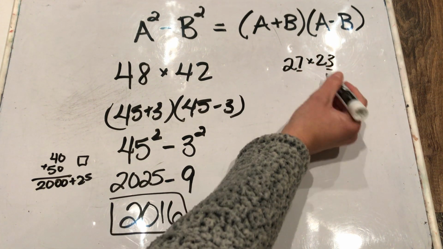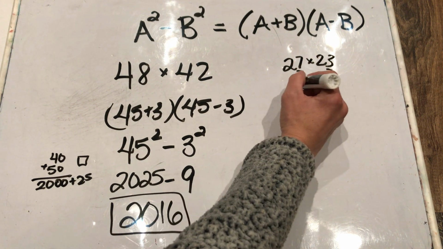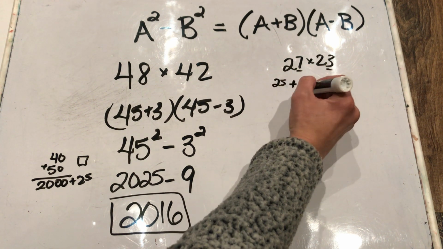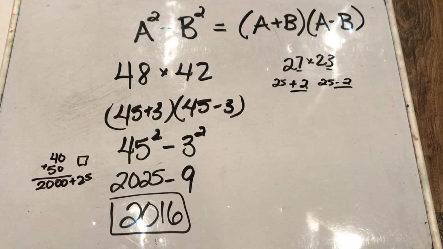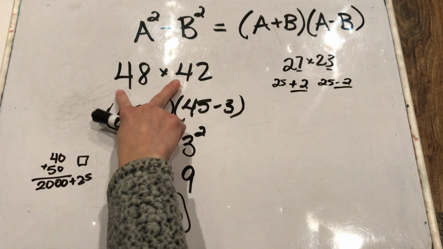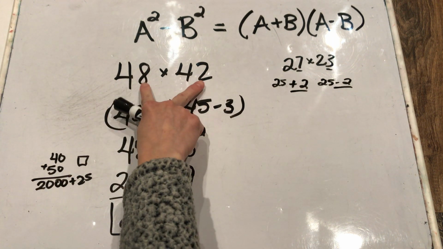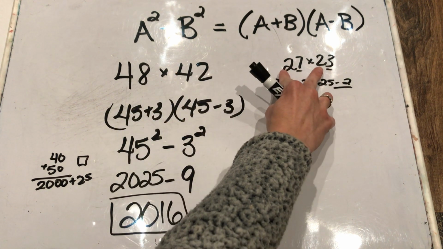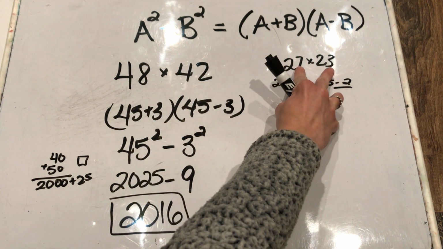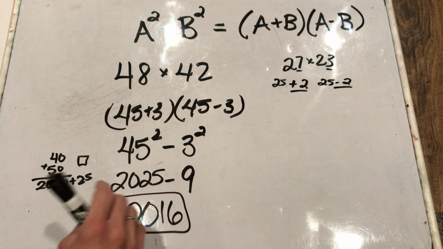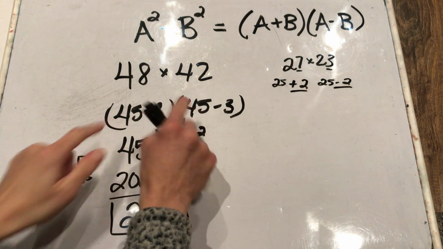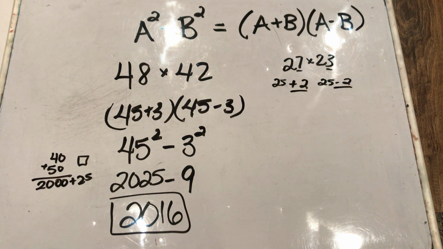And the 7 and the 3 add up to 10, but that's because this was 25 plus 2, and this was 25 minus 2. So if our tens place is the same, and our ones place adds up to 10, then we can use this difference of two squares and our squaring the number ending in 5.